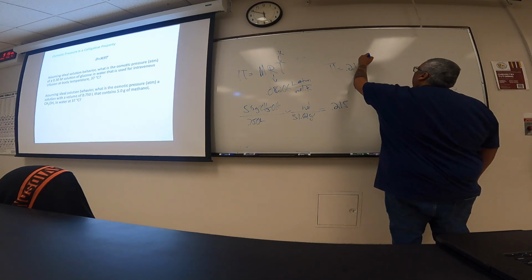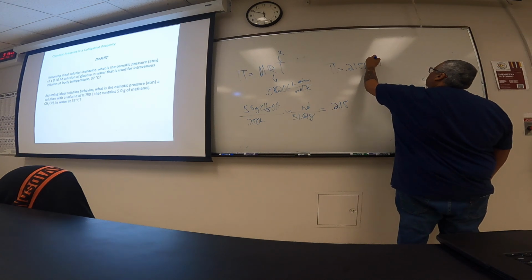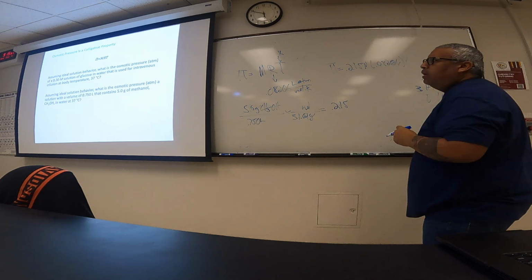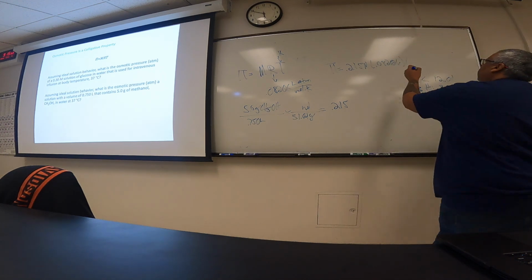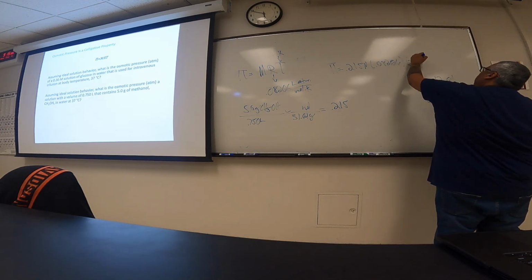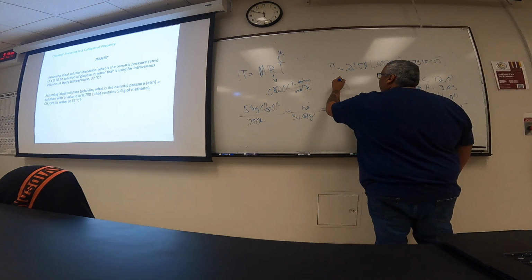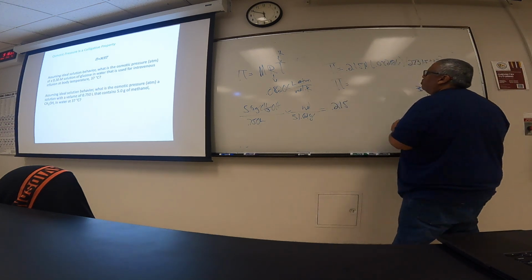So we have 0.215 molar. We're going to multiply that by 0.08206. Did they give us the temperature? 37 degrees, so still 273.15 plus 37. So what is our osmotic pressure?